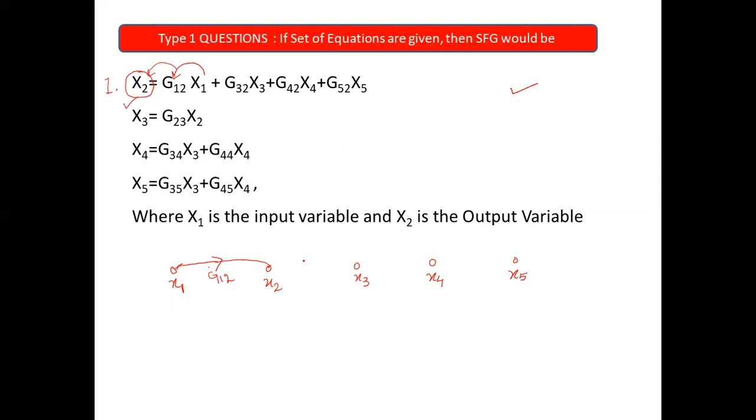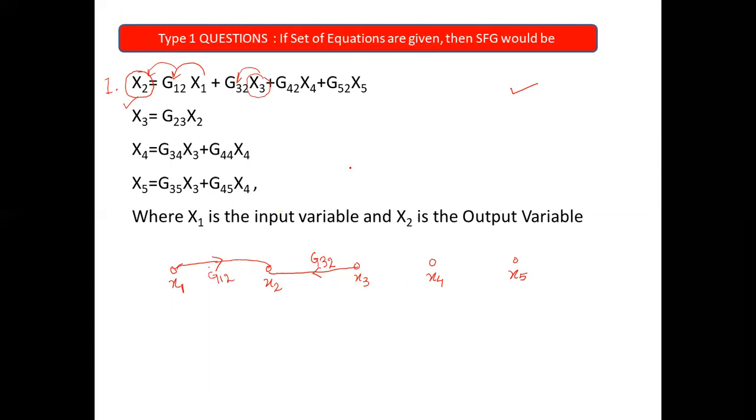And this particular signal is getting multiplied by g12. Now there is another state variable, that is x3, and x3 is getting multiplied by g32 and we are getting again x2. So there is a signal from x3 and it is going to x2, and the gain is g32.